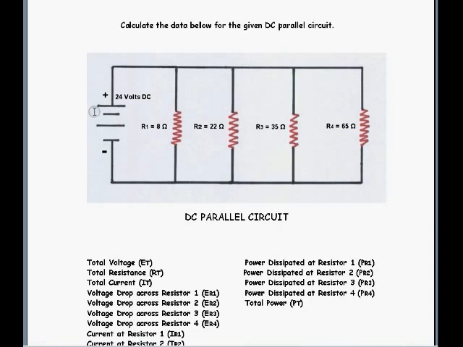Since this is a purely parallel circuit, all the functions are parallel. We don't have any resistors in series or in between the resistors, so the voltage is going to remain constant throughout the whole circuit. The voltage that is flowing through all four of these resistors will equal 24 volts because it is a parallel circuit.